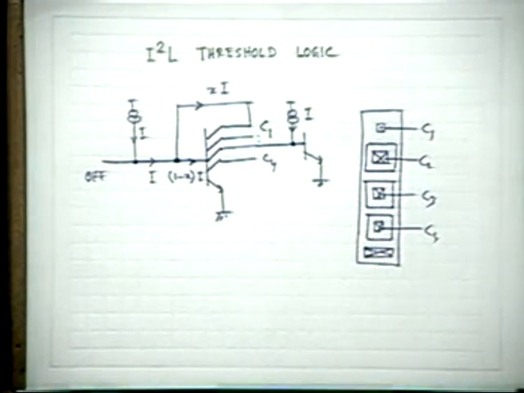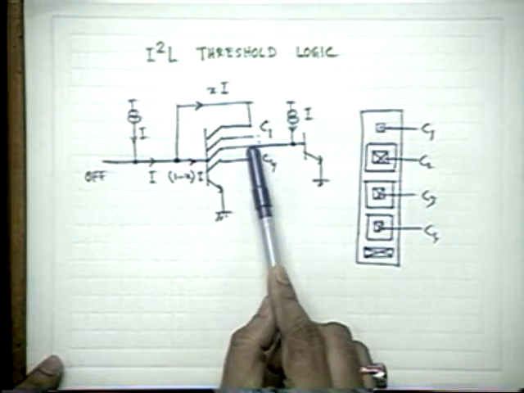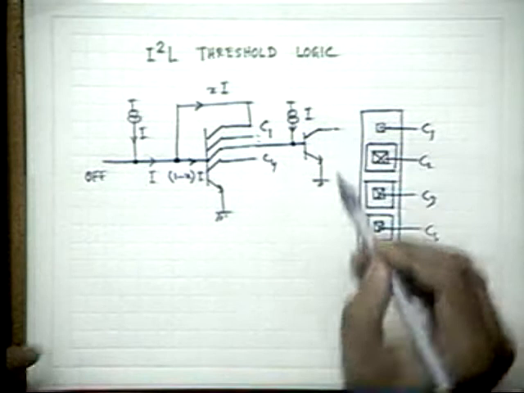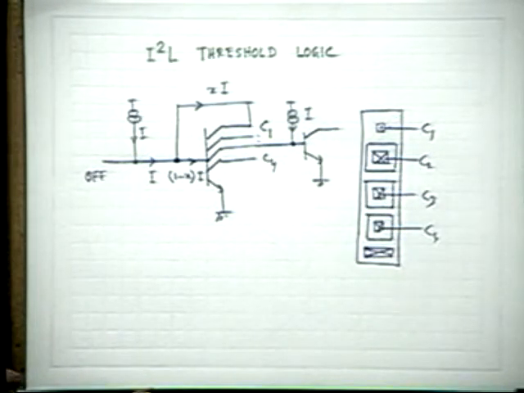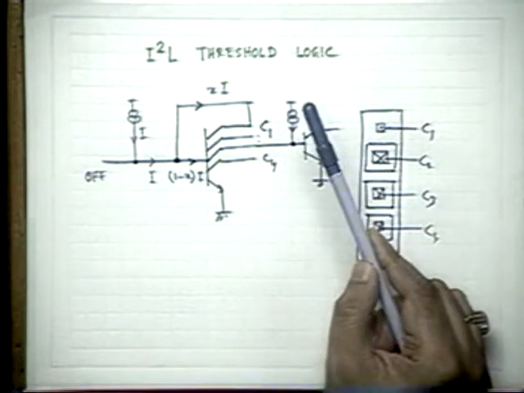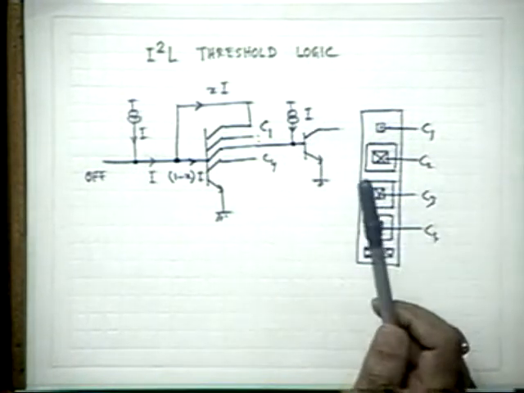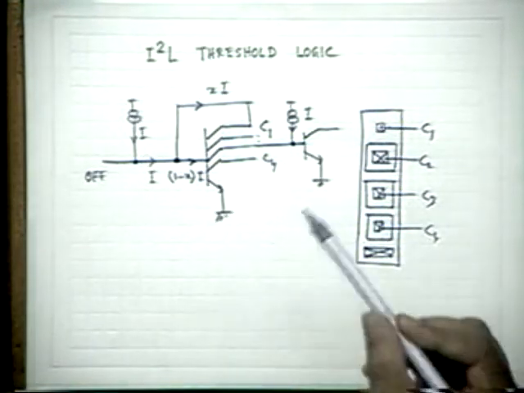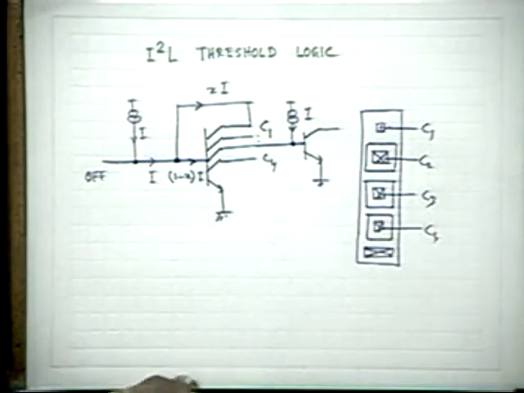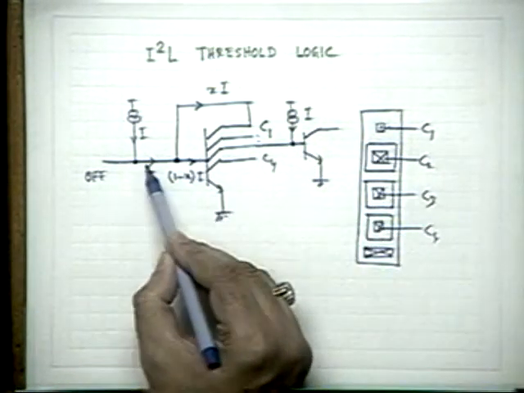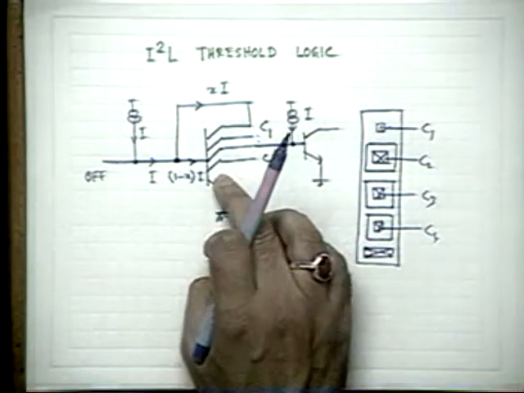So for example, in a particular circuit, suppose C3 is connected to another such I2L inverter, and you know that each base is again fed by the same injector current I. And suppose this transistor is also off. Then what is happening? Because you are sending the base current, this transistor will become on now.